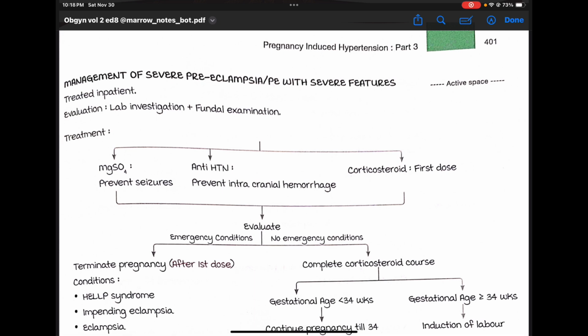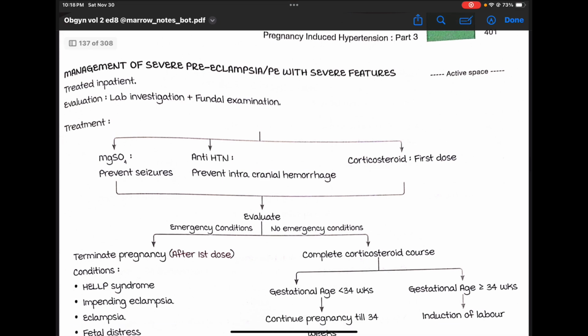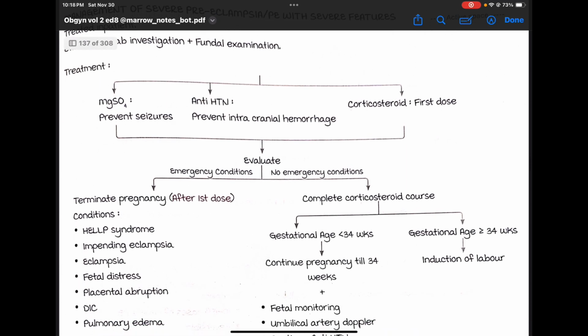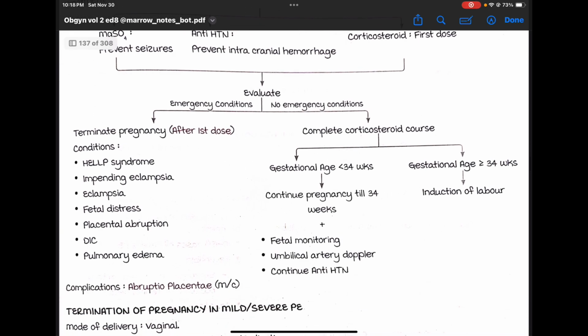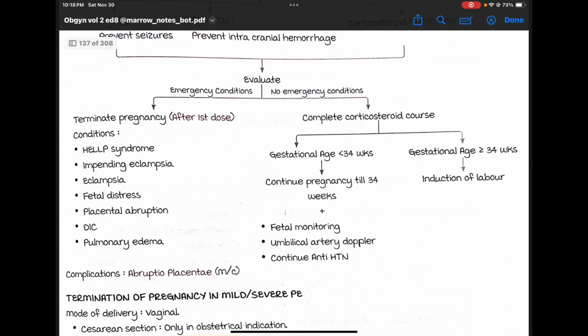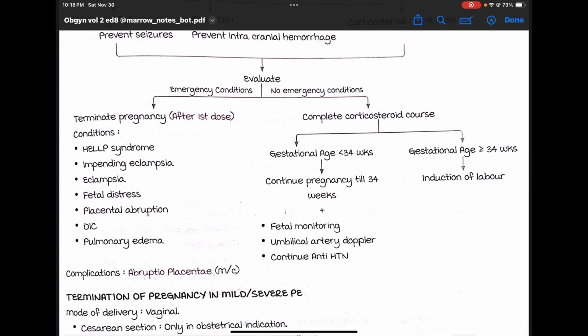Management of severe preeclampsia with severe features. Treated inpatient. Evaluation: lab investigation plus fundal examination. Treatment: magnesium sulfate prevents seizures, antihypertensives prevent intracranial hemorrhage, corticosteroids first dose. Evaluate. Emergency conditions: terminate pregnancy after first dose.